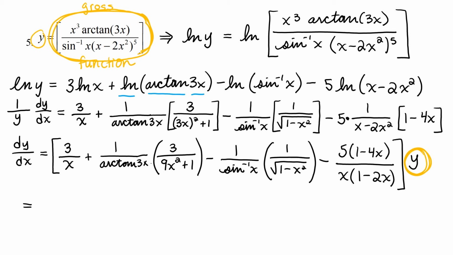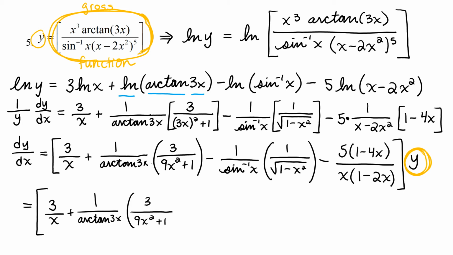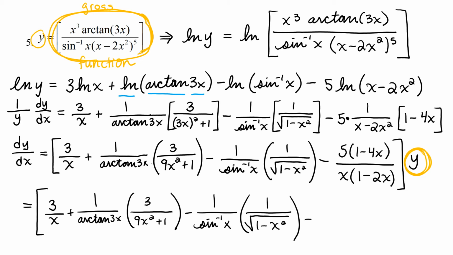So dy dx will be equal to this whole thing again, so my 3 over x plus 1 over the arctangent of 3x times 3 over 9x squared plus 1, minus 1 over inverse sine of x times 1 over the square root of 1 minus x squared, minus 5 times 1 minus 4x.